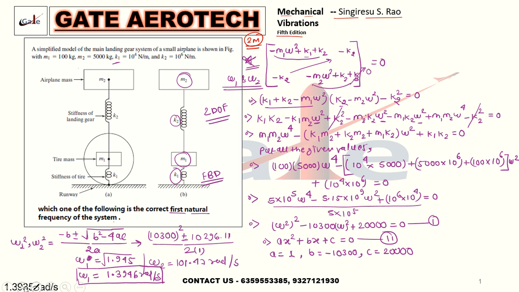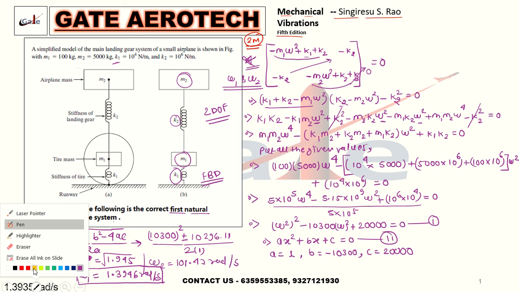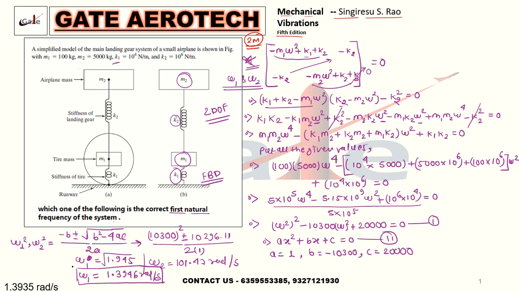I hope you understand how I solved this and what the complete process is. You should remember this is a matrix, and if in the exam they have given big numbers like this, it is very difficult to put all these values in the matrix directly and then solve it.